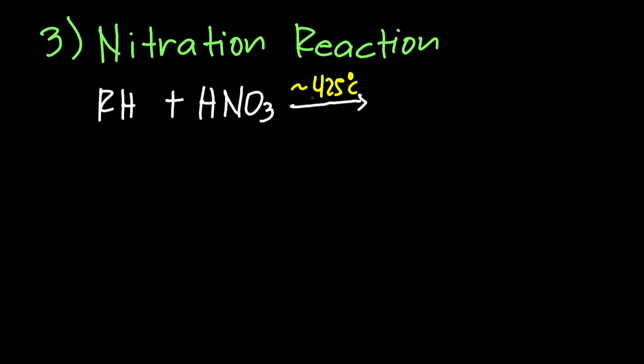You would need to be in an extremely hot temperature because you would want this to be in the vapor phase, which forms the product of a nitroalkane plus water. In a nitration reaction, for the nitric acid, you would only need to get the NO2 in here.